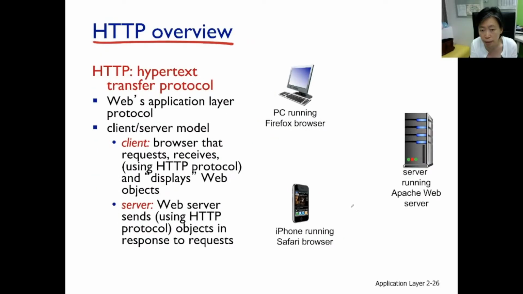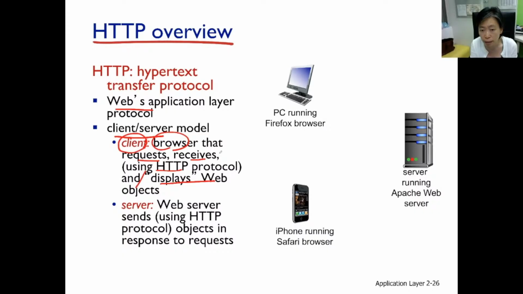And the HTTP protocol there to support the web application runs in the client-server model. So the client here are essentially the browsers. The browsers is essentially requesting for web objects and then in turn receiving web objects, of course, using the HTTP protocol. Now, another task the browser does is displaying the web objects.